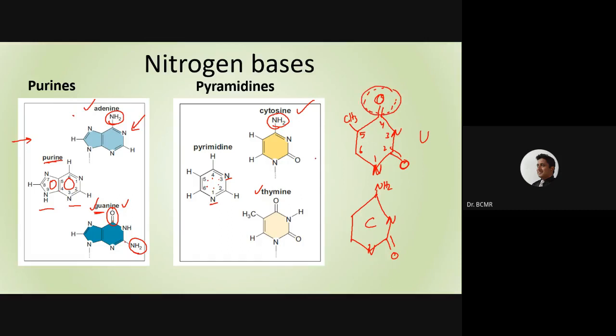If I take uracil as such and methylate on the fifth position, say something like this, or here that I have shown, if I add a methyl group at that position, then it becomes thymine. So for memorizing, if you find it helpful, I would suggest you learn by heart the structure of adenine and the structure of uracil. But you should also know how to derive the rest of the bases. Okay.